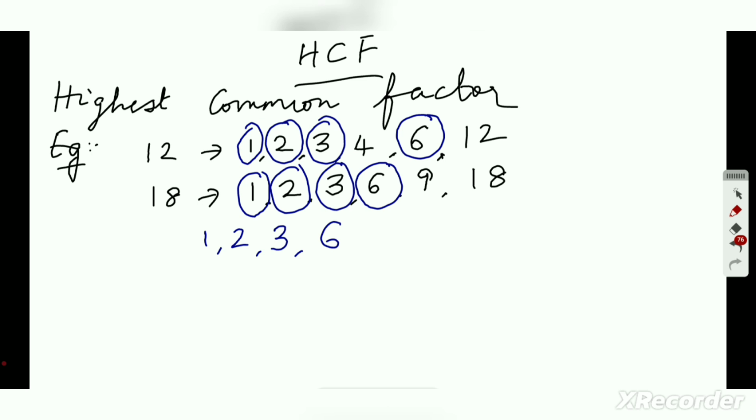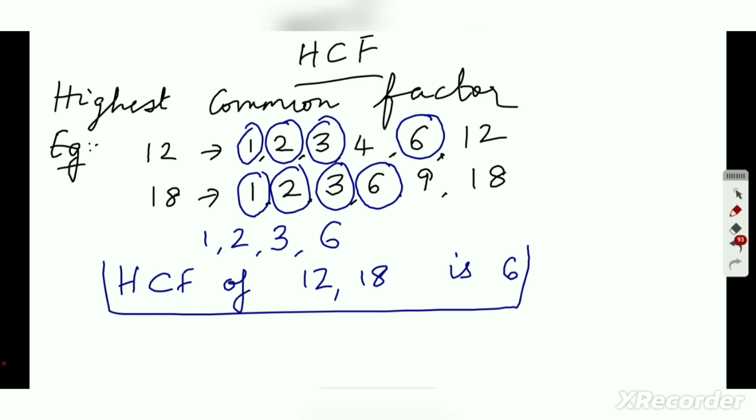But what does HCF mean? It is the highest common factor. So the HCF of 12 and 18 is 6. This is how you find the HCF of two given numbers. You write down the factors, then you circle the common factors, and the highest of those common factors becomes the HCF.